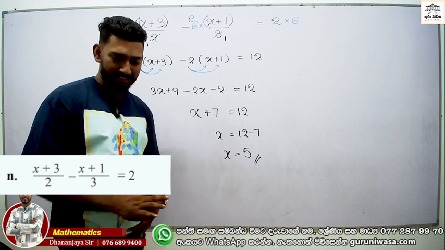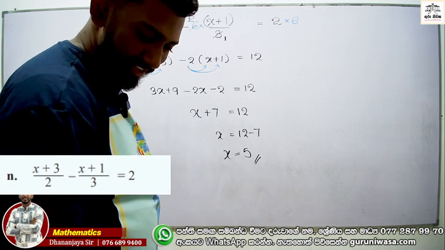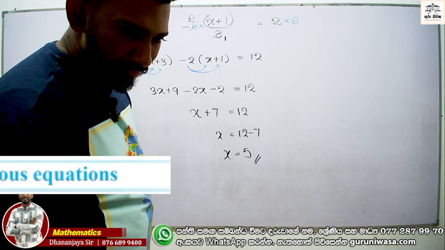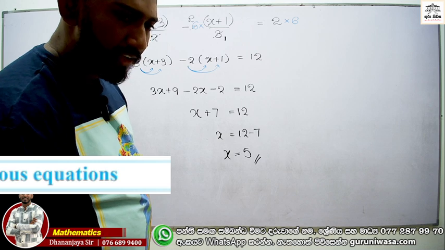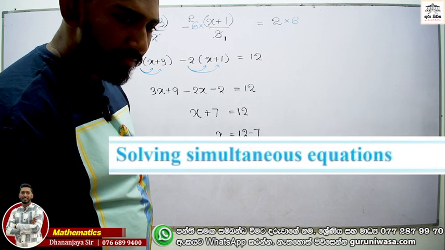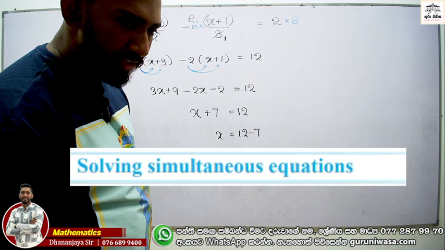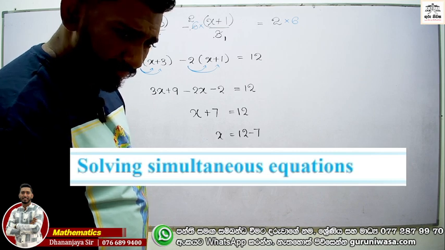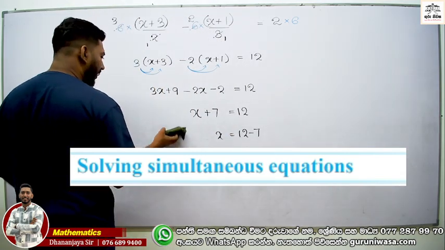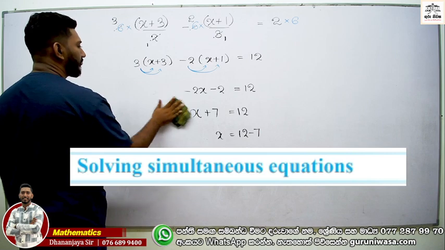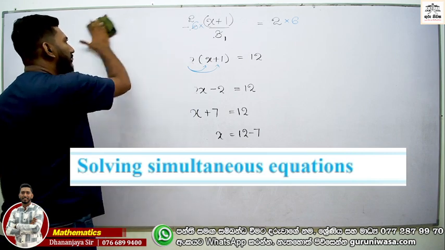Yes, right. Now, this is a very, very important part. Now I jump into the next part, and this is very important in our equations. Now write the topic. We call it simultaneous equations.